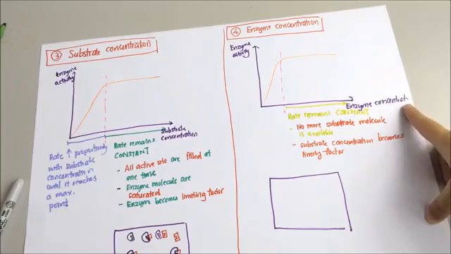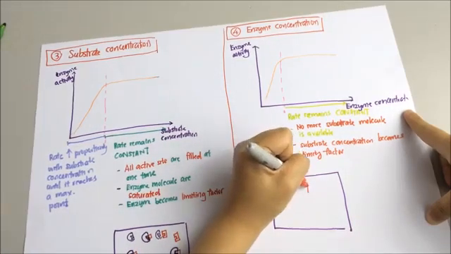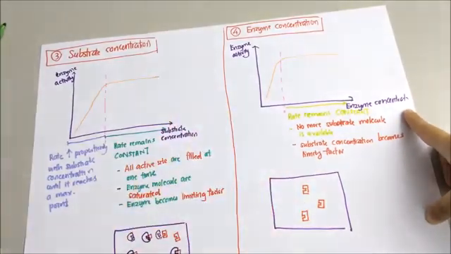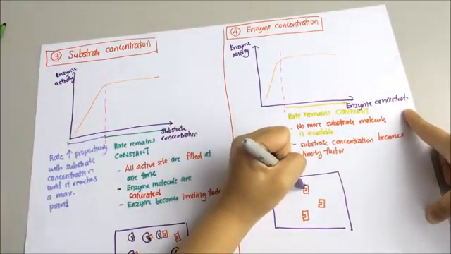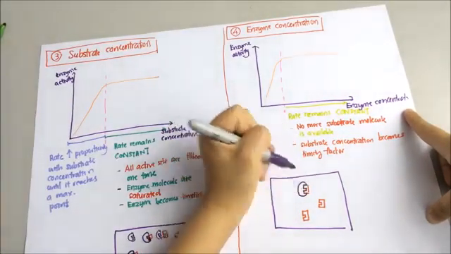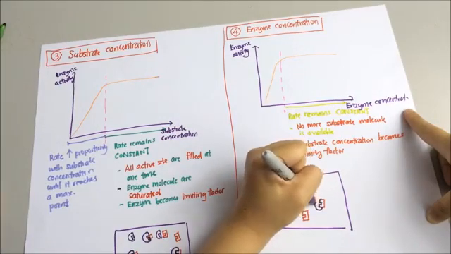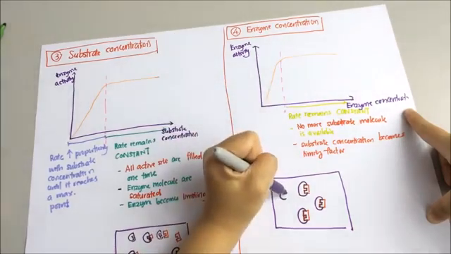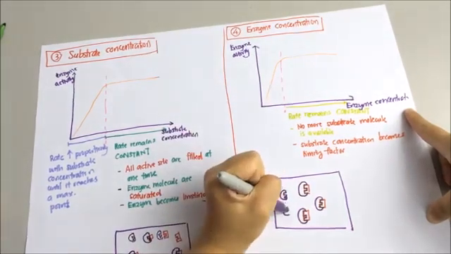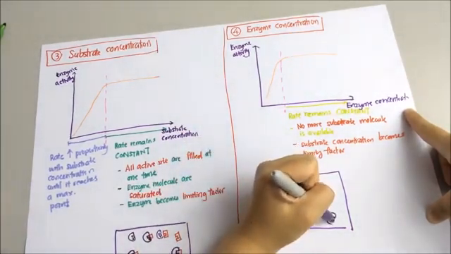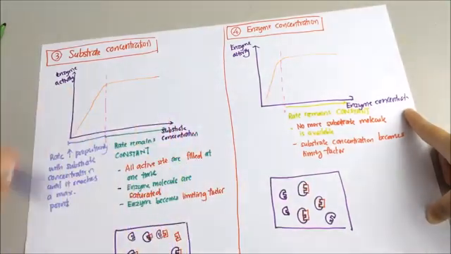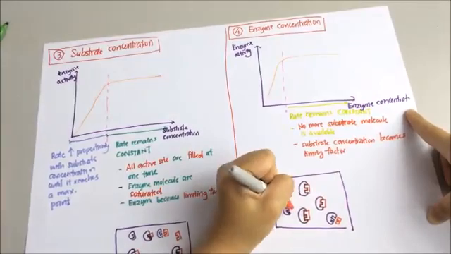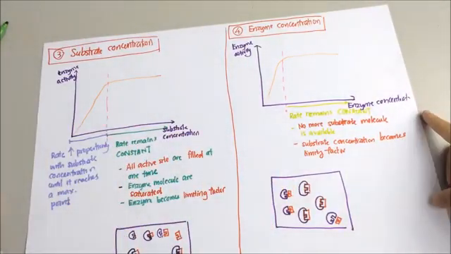If you only have 3 substrate molecules in the solution, you can only form a maximum of 3 enzyme substrate complexes. There's no point in adding more and more enzyme molecules. So at this stage, the only way to increase the rate is to add more substrate molecules.